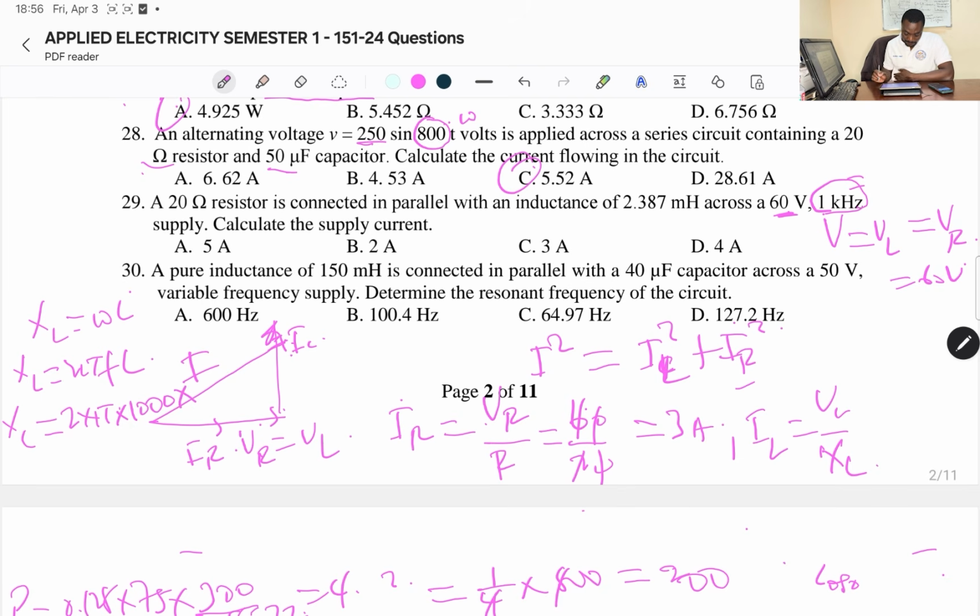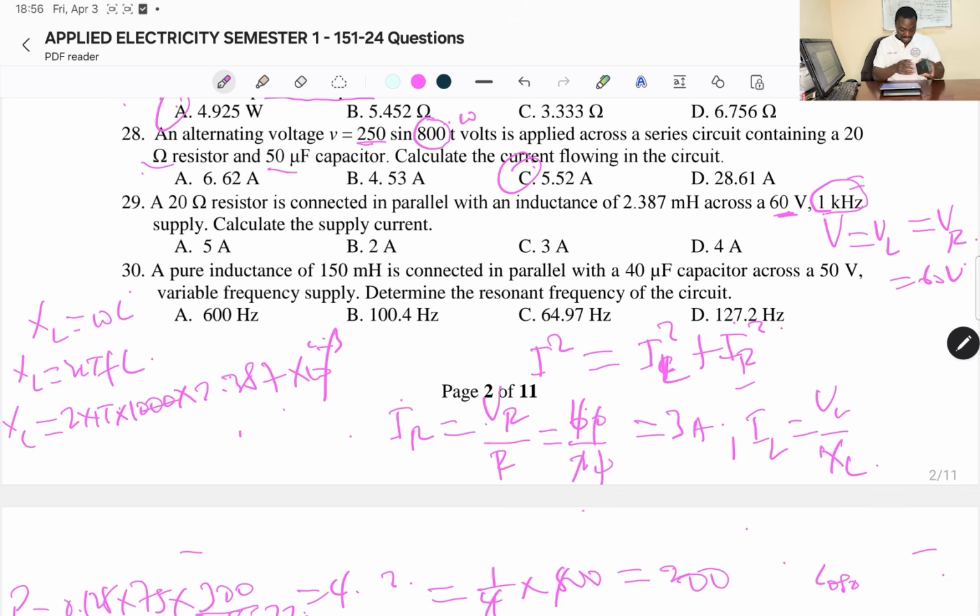times the inductance, and the inductance here is milli, right? So 2.387 milli, that is 10 to the power minus 3. So you see that this will cancel the zeros here.